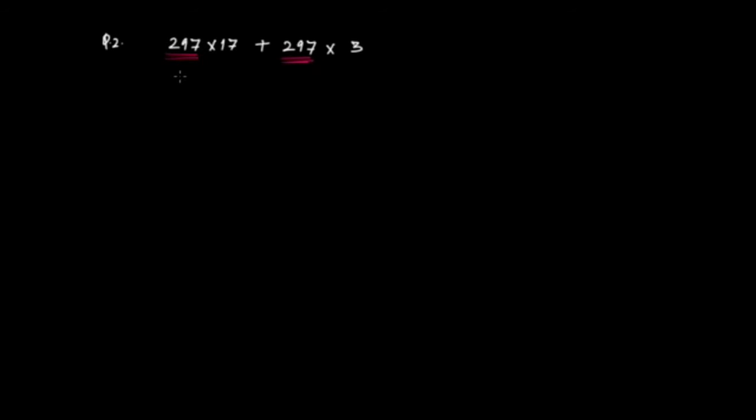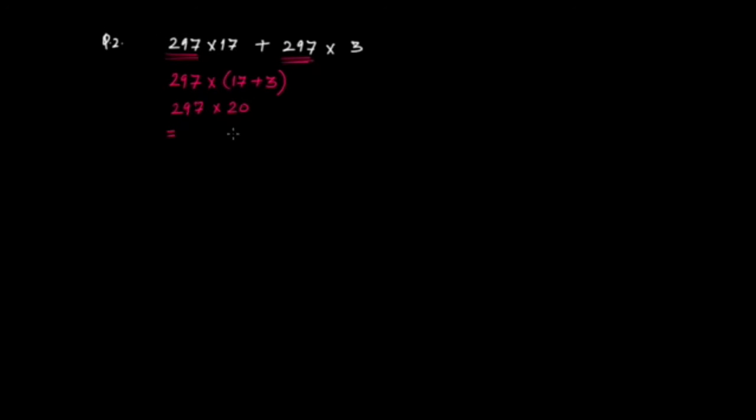So by the distributivity property, you take 297 times (17 plus 3). This is very basic mathematics, and therefore it would be 297 multiplied by 17 plus 3, which is 20. Now you can multiply this and you will get the answer.